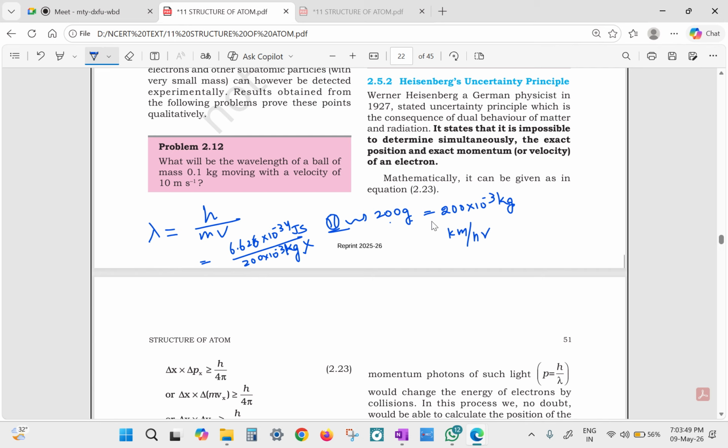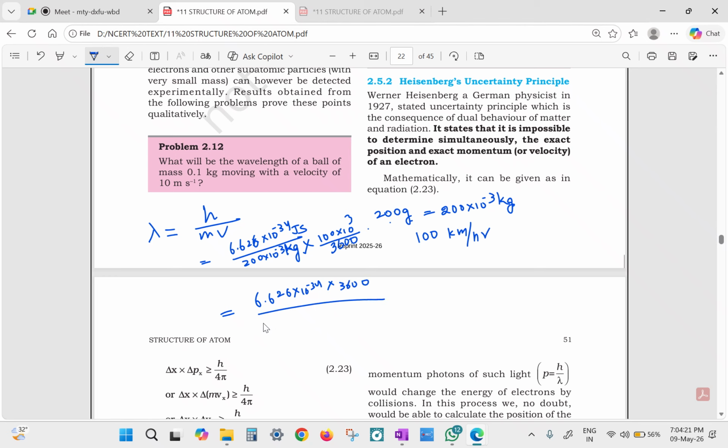Fast bowlers will be able to throw it at even 100, 160 also. So we'll put the velocity at 100 kilometers, so 100 times 10 to the power 3 meters by 3600, correct? Is that calculation okay?